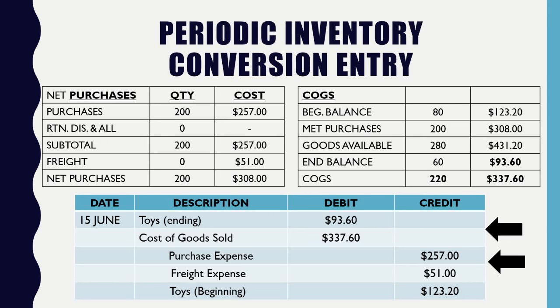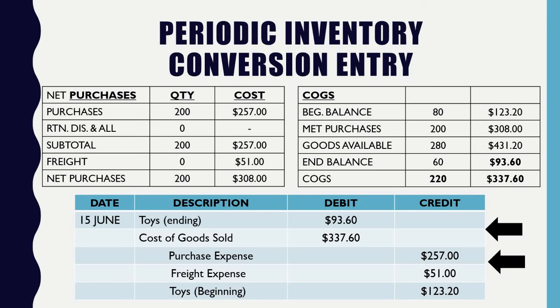So now we have to complete the conversion entry one more time. But this time, we have to add an additional account because we have a beginning balance now.